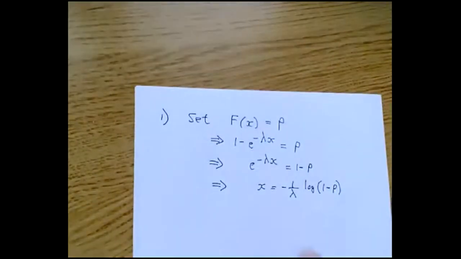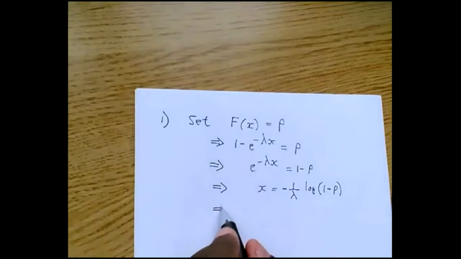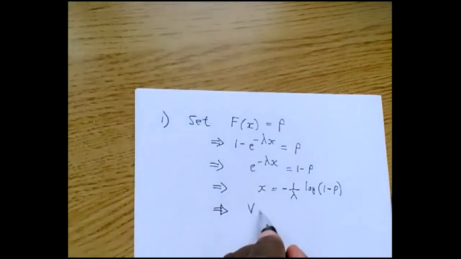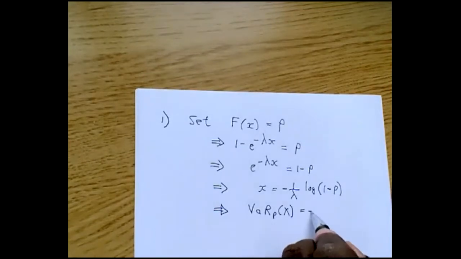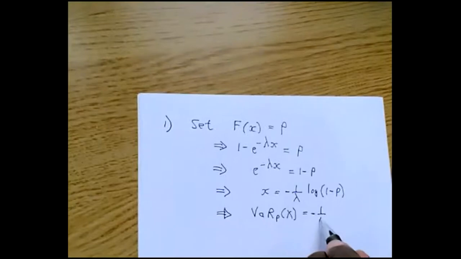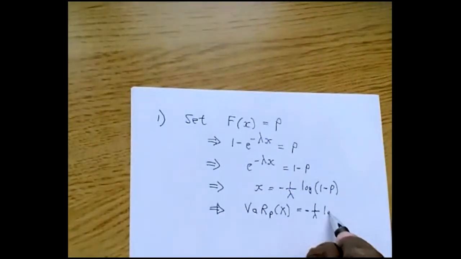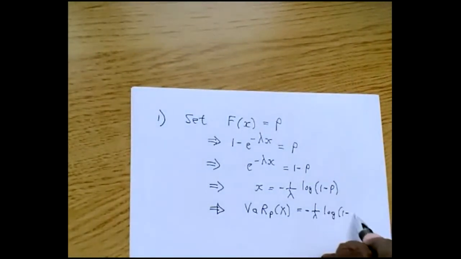So the formula for VaR, or value at risk, is equal to minus 1 over lambda times log of 1 minus p.